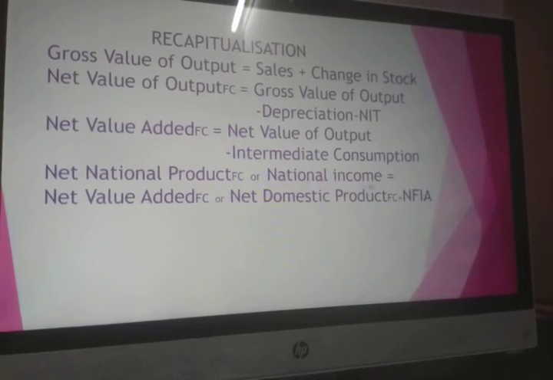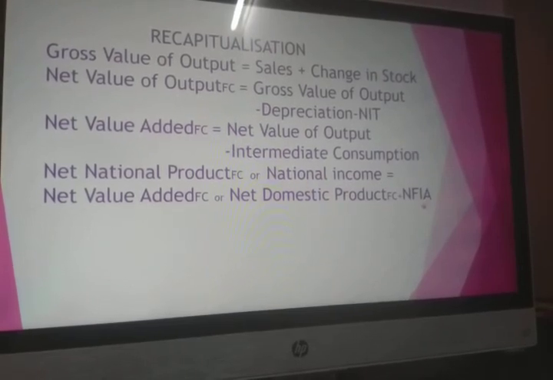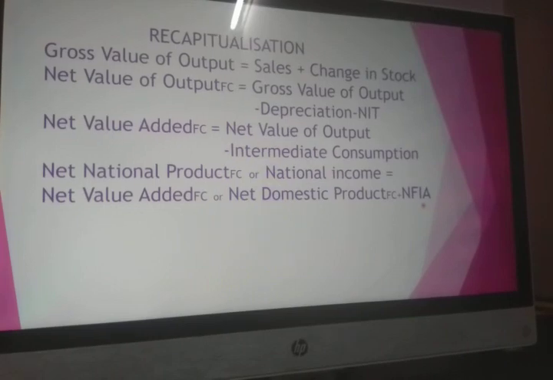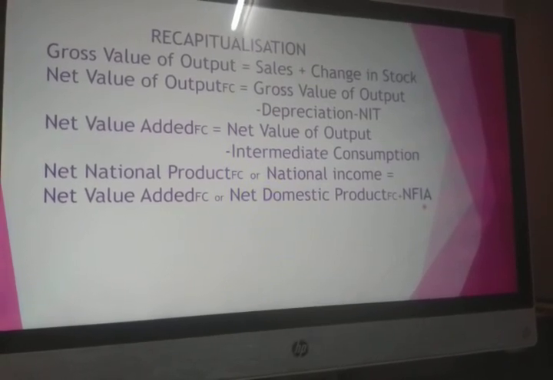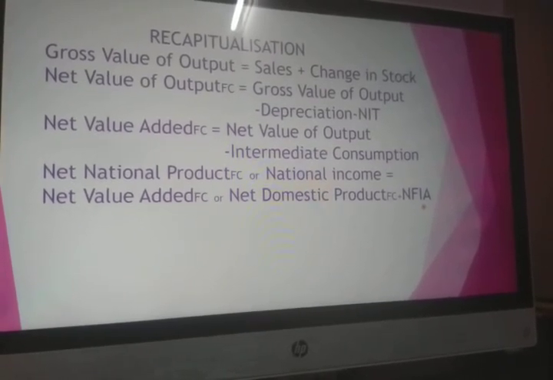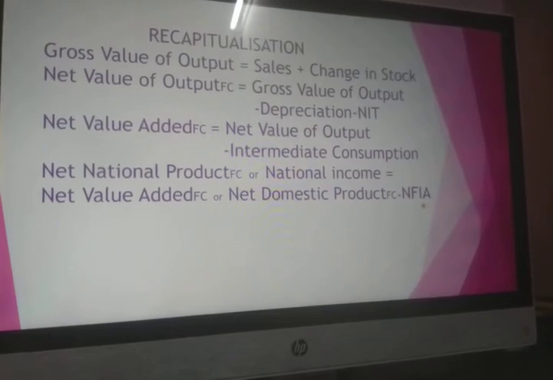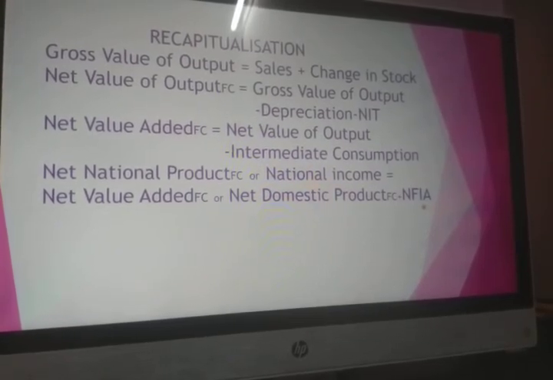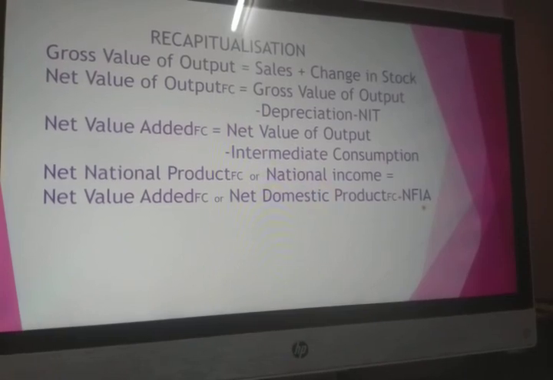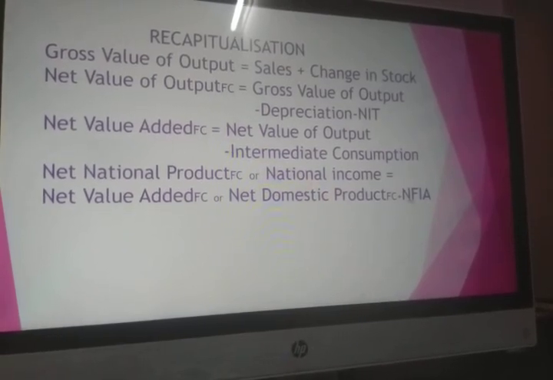So this is the final step in reaching national income. Remember, whatever method we follow, be it product method, income method, or expenditure method, we always first arrive at domestic income, and then by adding NFIA to domestic income, we calculate national income.